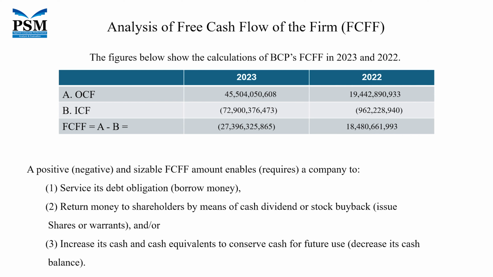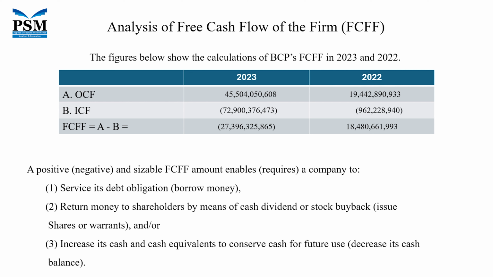For the year 2023, OCF, or operating cash flow, was equal to 45 billion. You look at the second section, the investing section, ICF total amount of 72 billion. The total amount invested in the assets of the company, 72 billion, was larger than the operating cash flow.